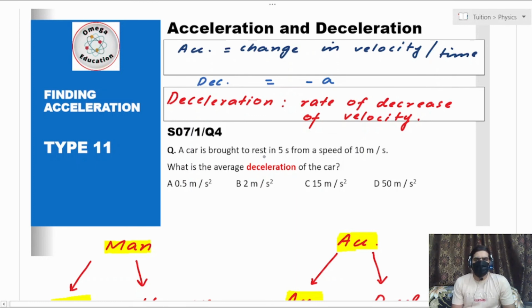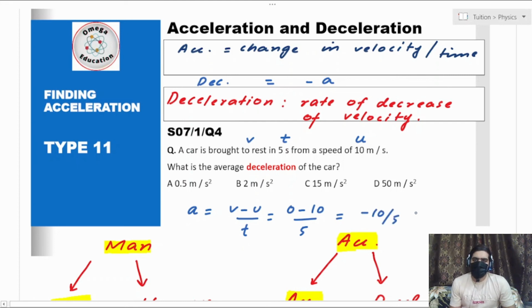They say a car is brought to a rest, final velocity 0, in 5 seconds from a speed of 10 meter per second. The starting speed was 10 meter per second. What is the average deceleration? All right, forget about deceleration. Let's find the acceleration. Acceleration equals v minus u divided by t, and v is 0 minus u was 10, divided by 5, and this one would be negative 10 over 5, which would be minus 2 meter per second square.